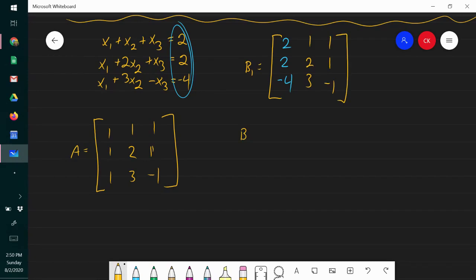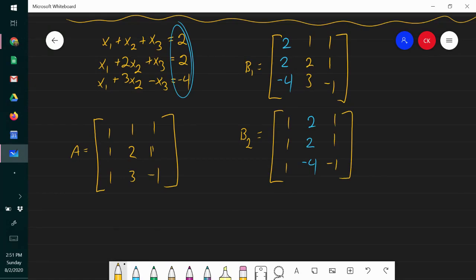The matrix B2 is going to come when we replace the x2 column with the solutions. So it's going to look like 1, 1, 1, 2, 2, negative 4, and 1, 1, negative 1.